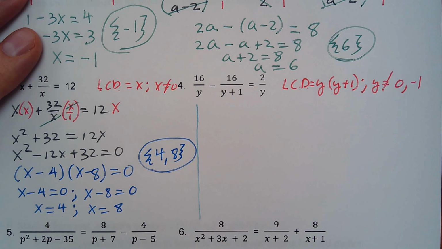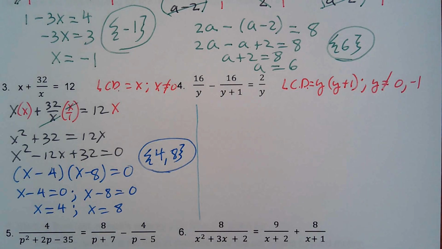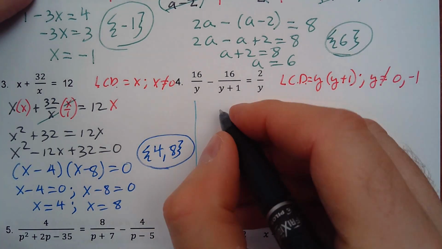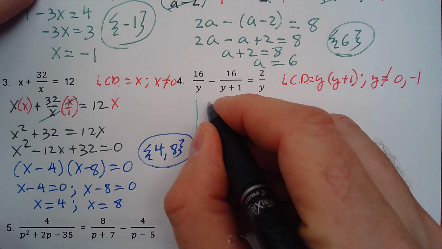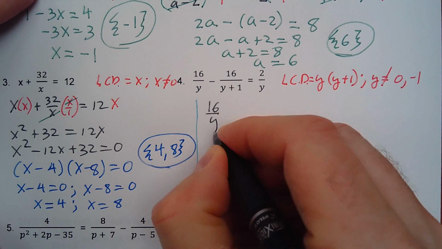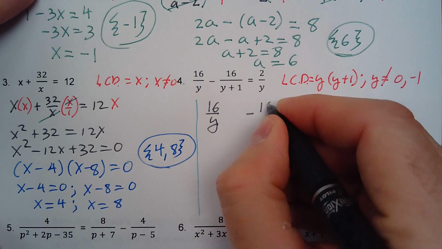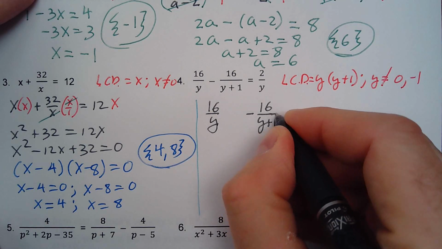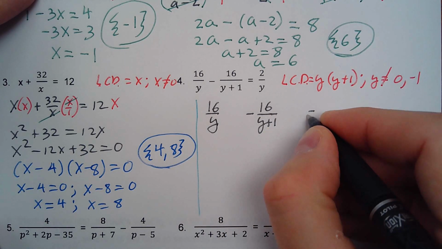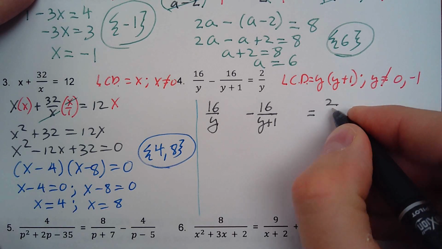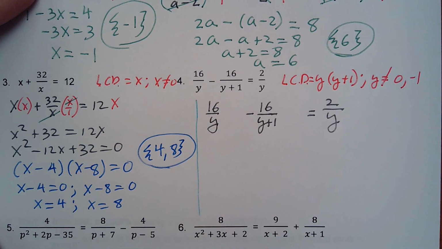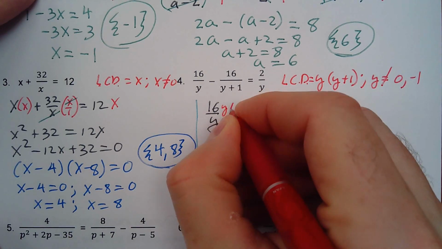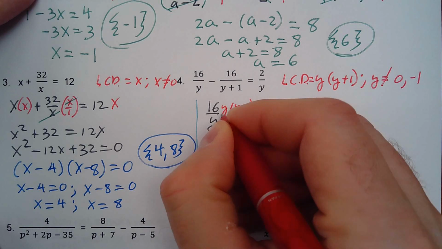I'm going to go ahead and multiply every term on both sides by the LCD. Again, I want to leave myself a lot of space here. So my LCD is this y times y plus 1.